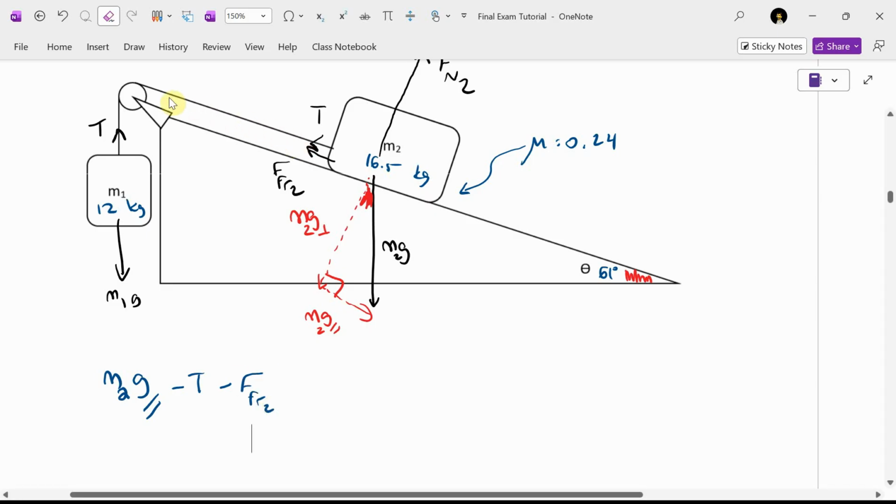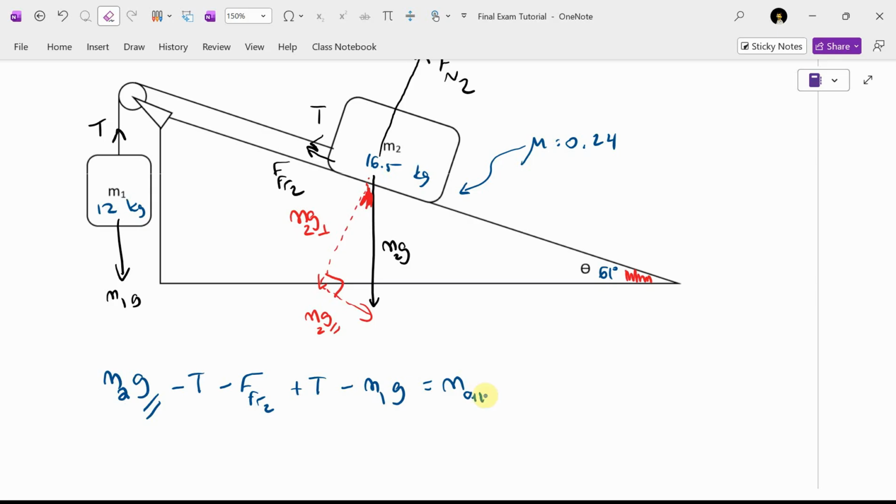Keep walking, keep walking, keep walking. This tension here, if I follow it, ends up being down the ramp, winner plus. And this one here, M1G, if I follow it, ends up pointing up the ramp, loser minus. That equals M all A.